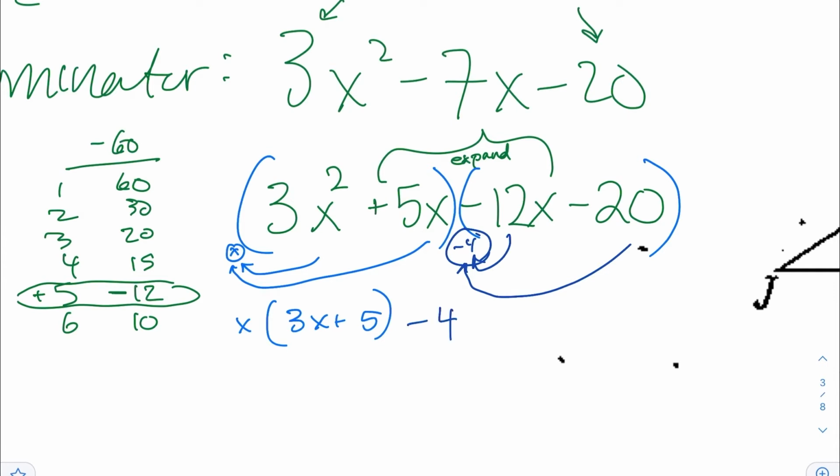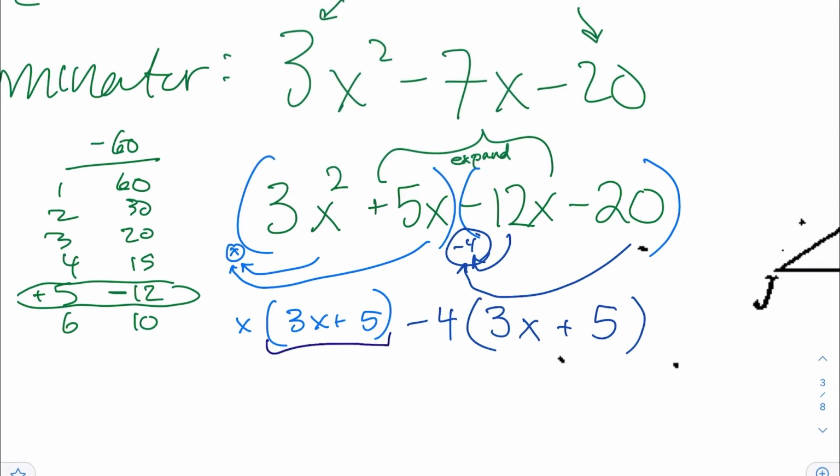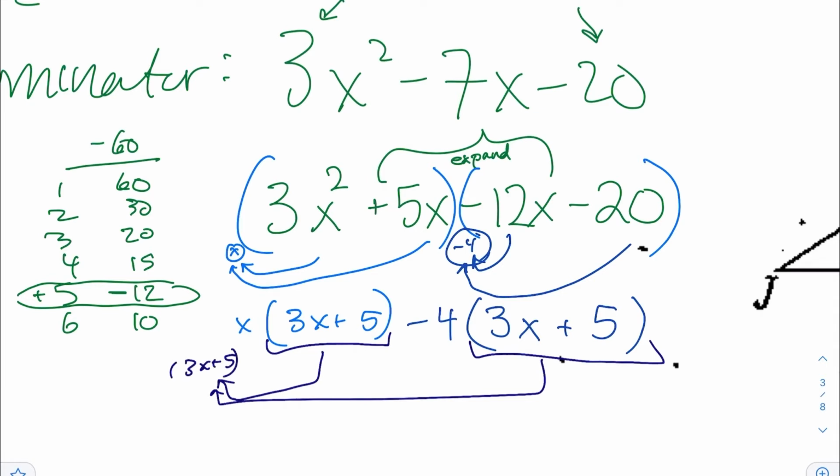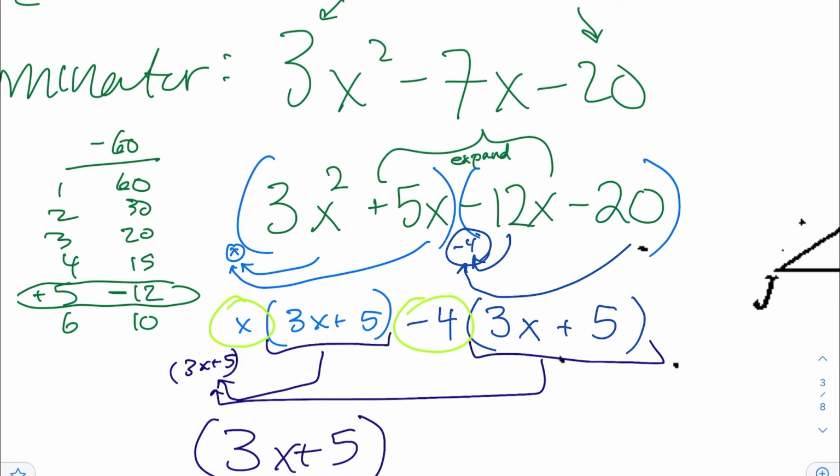So you have x times 3x plus 5 minus 4 times positive 3x plus 5. And now you can factor out this 3x plus 5. So you have 3x plus 5 as one of the factors, and the other factor will be x minus 4.